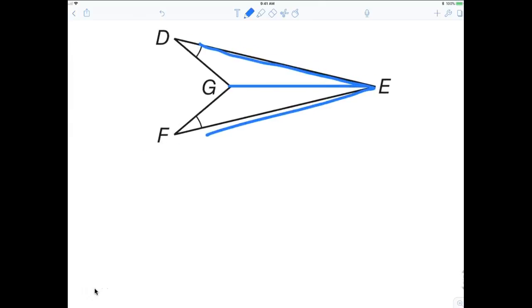So what must be true? Angles DEG and FEG are congruent. That's what that means. Now listen, midpoint, again, has something to do with a segment.